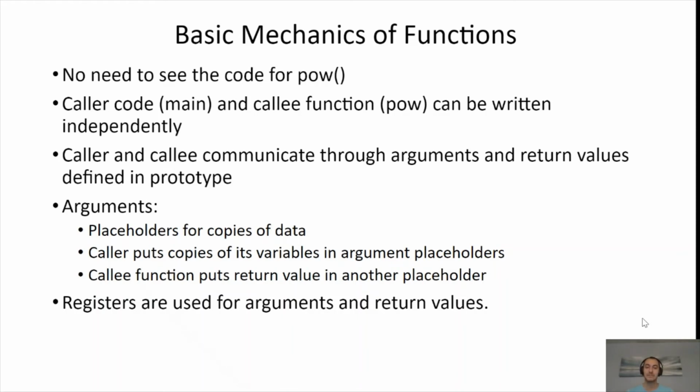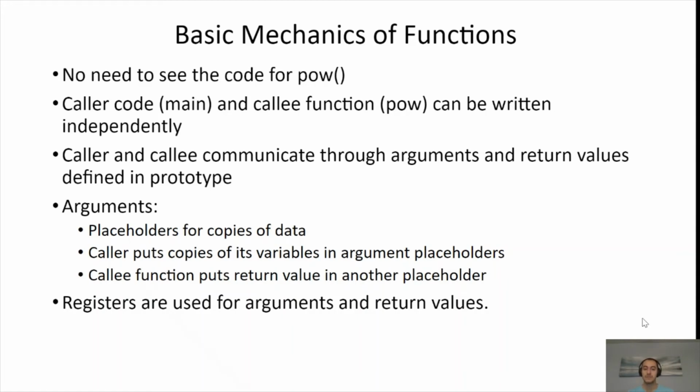And then after it has produced some result, it puts this return value in some special place. In this way, they can communicate together. That's the standard: if you have multiple functions and they're all using the same mechanism, they wouldn't break each other.